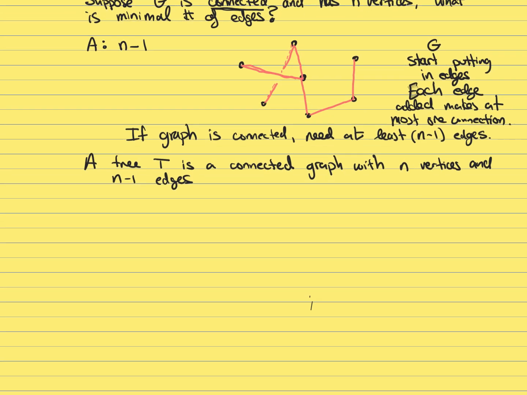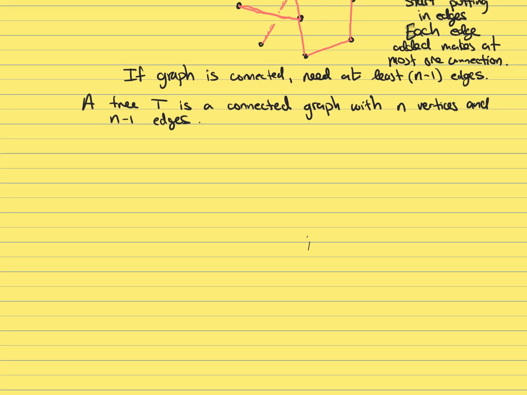If you leave off the connected condition, you get a forest, which is a pretty good name if something is a tree. A forest is a union of disjoint trees. So sometimes you want to consider graphs which might have a tree over here and some different tree over there. Maybe here's some more. That would be a forest.